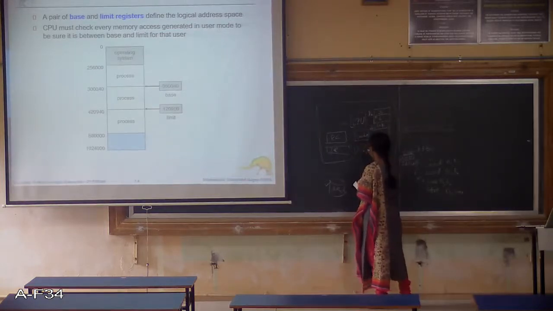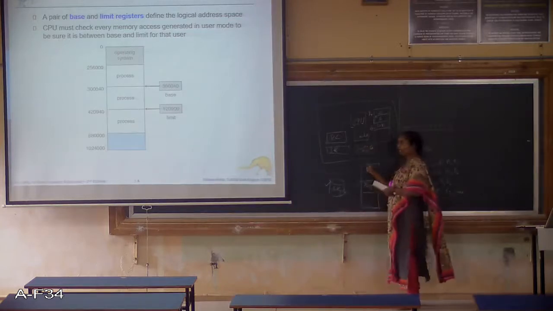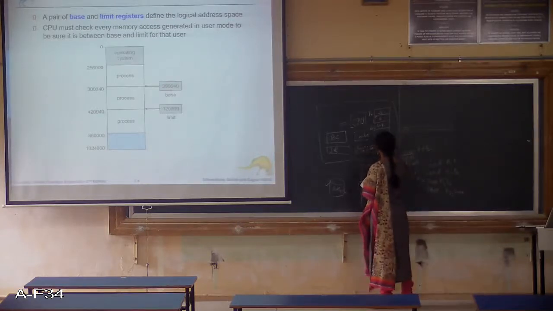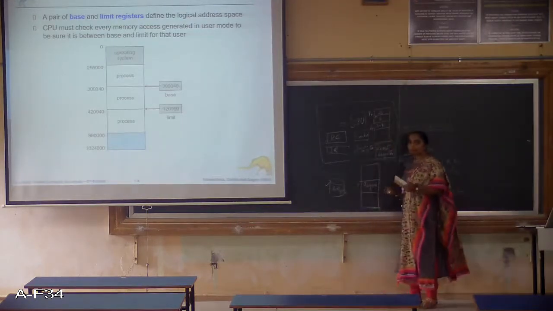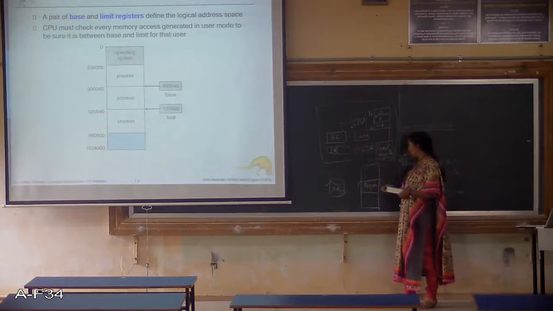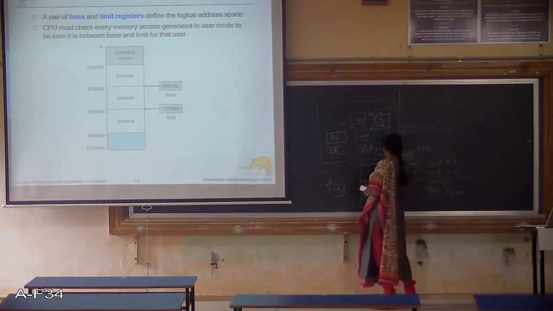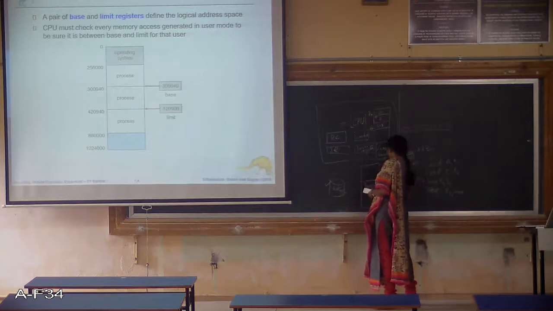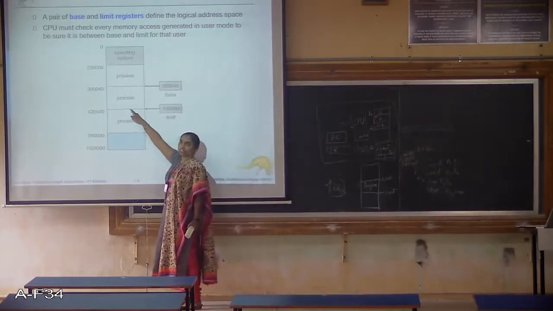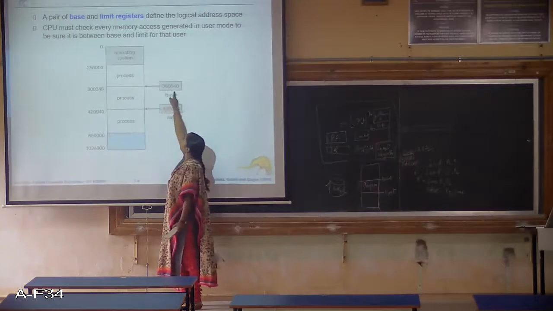So what we will do is we'll have the starting address from where it is starting, and we will put that into the base register. So the base register will contain the starting location of this program, and you will have a limit register. Whenever the CPU takes this program for execution, first it will load the base register and the limit register. So the base register is from where it starts, and where it ends is given by the limit register.